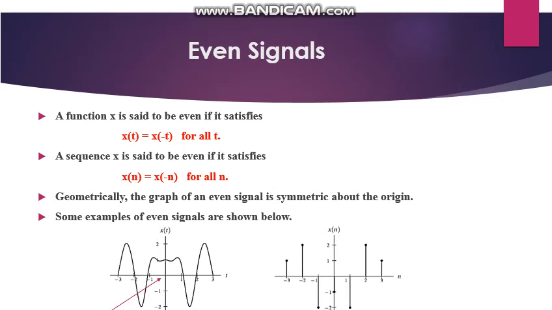If you take the y axis as a mirror, you can see that the graph follows it. That's why I told you that this is an even signal, and that is one of the properties to understand the even signal graphically.